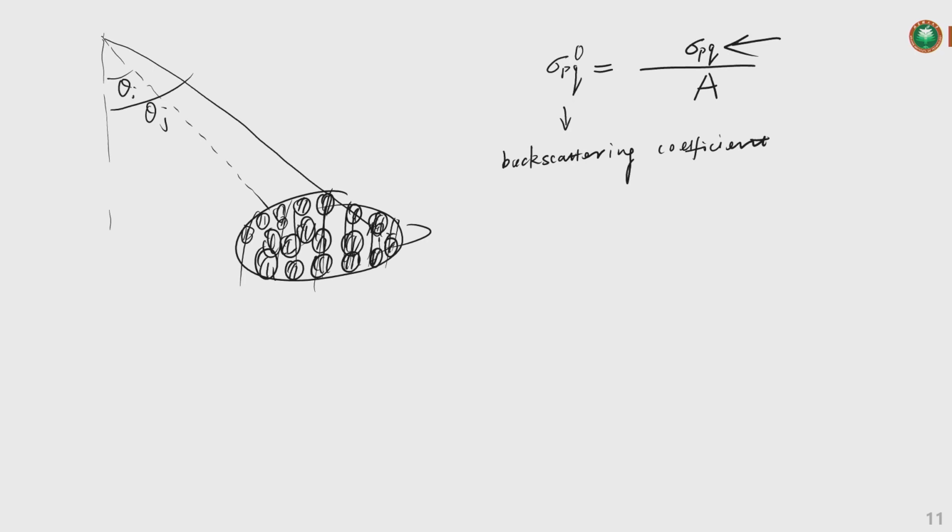So for that part, for the expressions for each part, we need to take an integration on it and get the total cross section of the whole distributed target here.